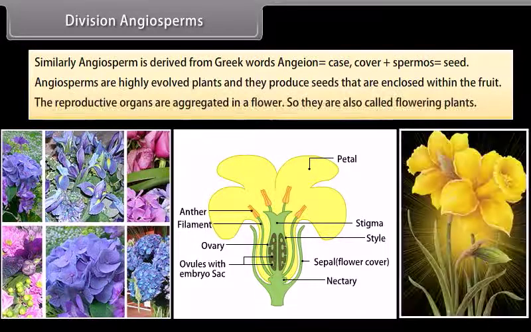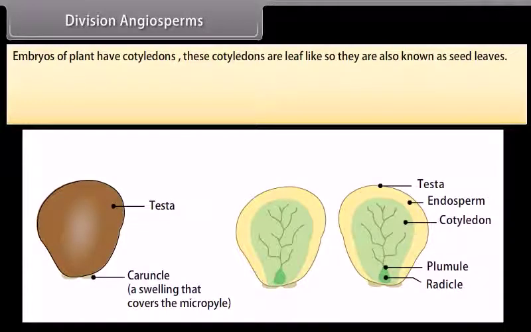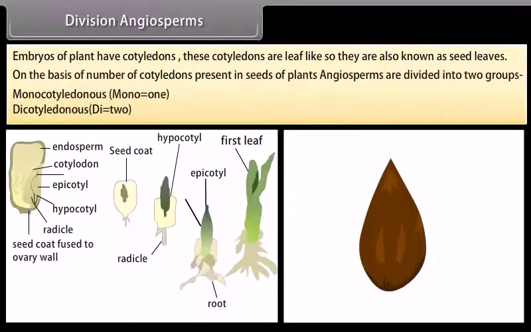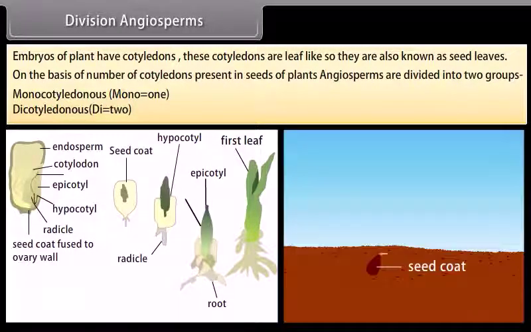The reproductive organs are aggregated in a flower, so they are also called flowering plants. Embryos of plants have cotyledons. These cotyledons are leaf-like, so they are also known as seed leaves. On the basis of the number of cotyledons present in seeds of plants, angiosperms are divided into two groups.